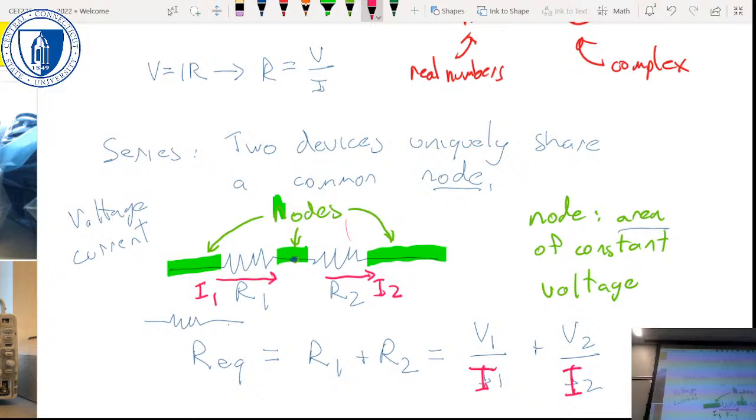That's one way to say it. The sum of the currents flowing into the node is 0.